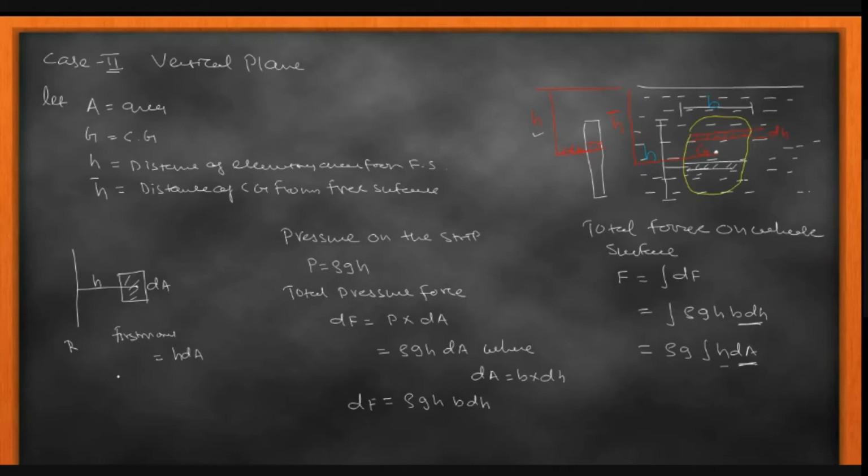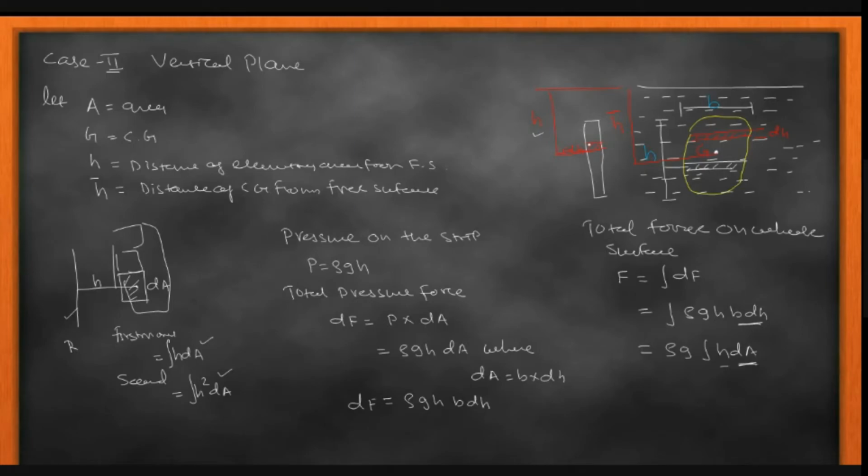If I take the second moment, it becomes h squared into dA. If I have certain elements making one surface, we need to do the integration. This is my first moment and this is my second moment, and the second moment of area around any reference line is called the moment of inertia.